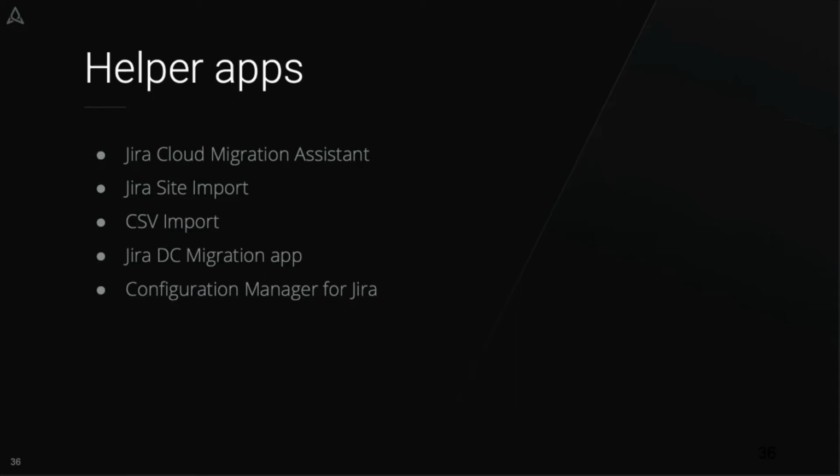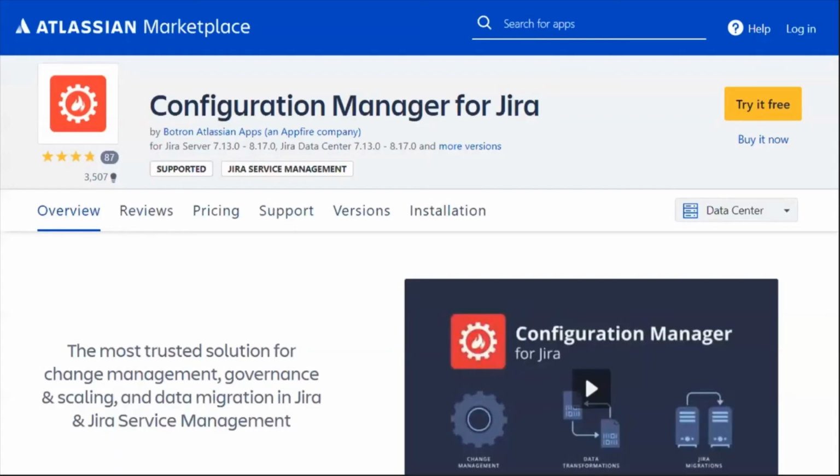The Jira Data Center Migration app is for those migrating from server to data center, but pay attention here as there are very specific system requirements for using this app. So make sure you look at the marketplace listing for that app. And then finally, my favorite migration app is Configuration Manager for Jira. So this app is currently available for server and data center, and the cloud release is coming very soon, which I'll talk more about in a moment.